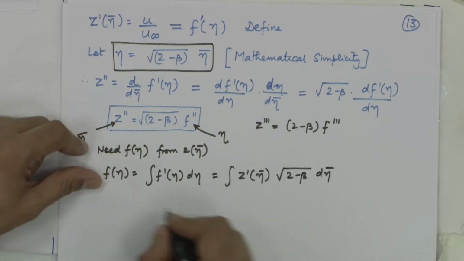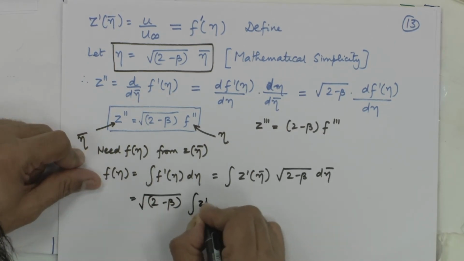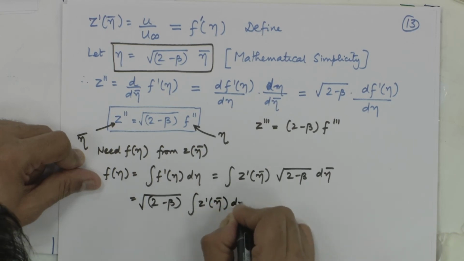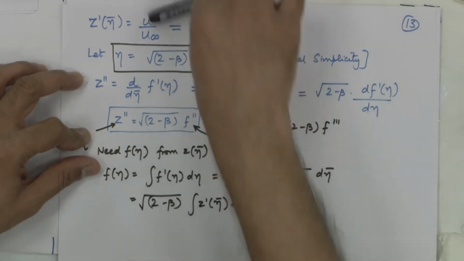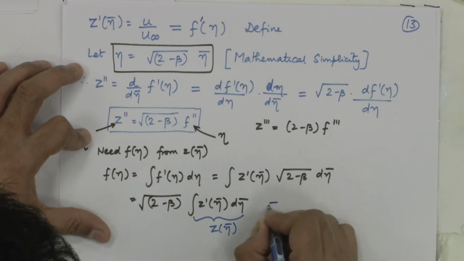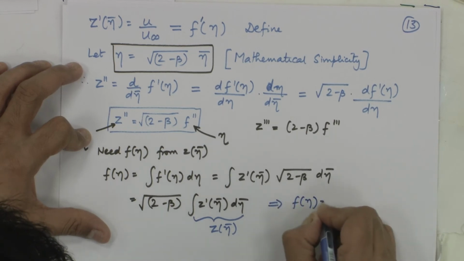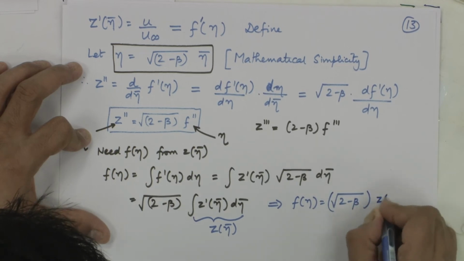So, this is nothing but square root of 2 minus beta times integral z prime of eta bar d eta bar. Therefore, what is this integral? This integral is nothing but z of eta bar. Therefore, f of eta is square root of 2 minus beta into z of eta bar.